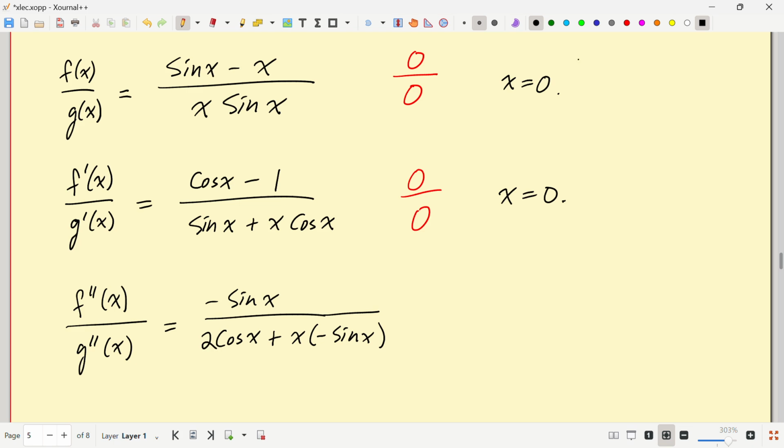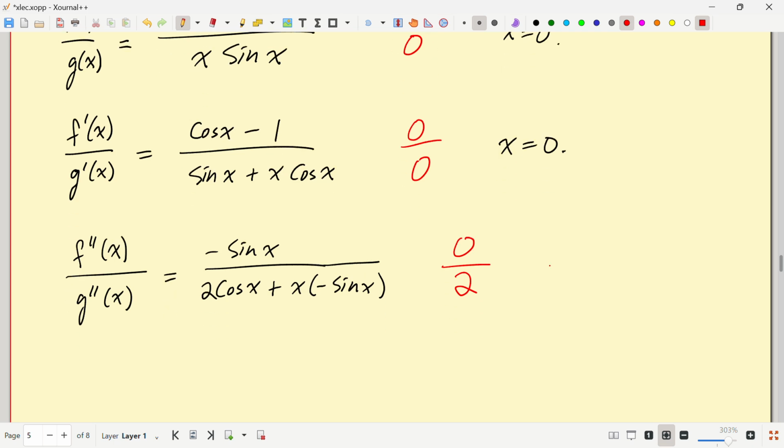And as x goes to 0, that would be 0 over 2. That's not indeterminate. That has a limit.